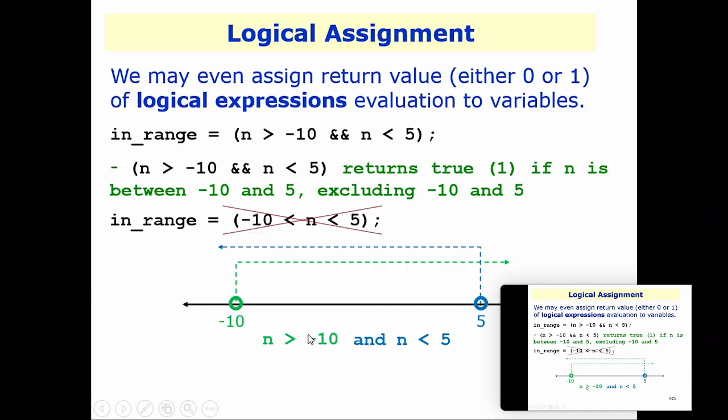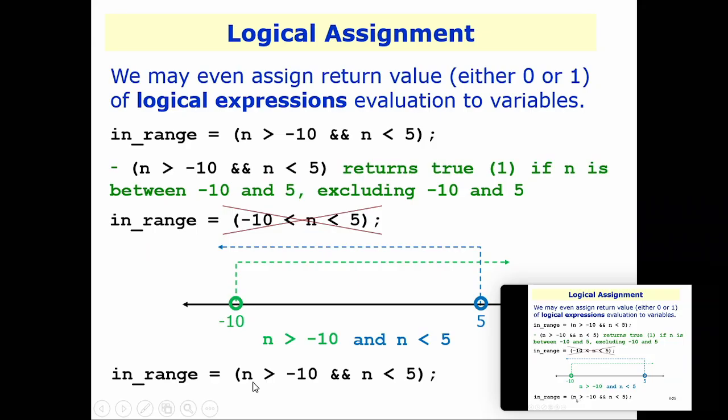It satisfies the first condition, larger than -10. But does it satisfy the second condition? No. Then it has to be false, not true, because we want to confine the range between these two numbers. So that's why you have to use AND.